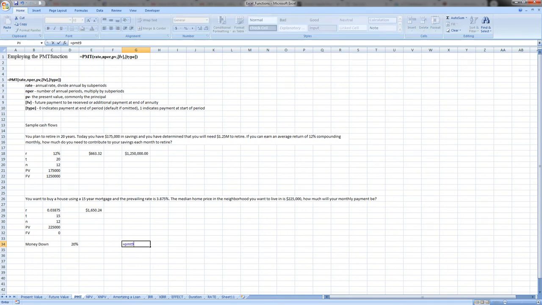So our arguments will be mostly all the same. We'll start with payment, again the rate, number of periods, the present value, except times 1 minus the down payment.